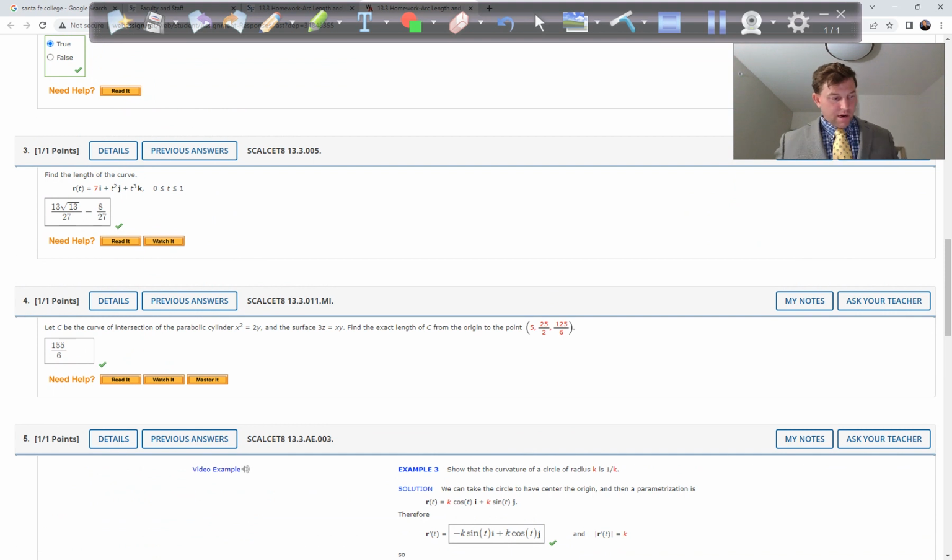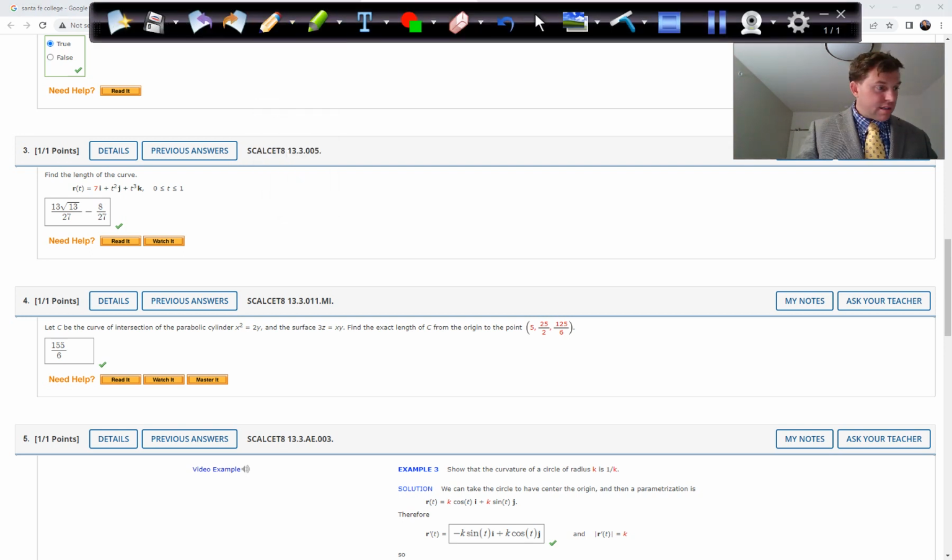Okay, so the first problem says find the length of the curve. And it gives us a vector function with parameter t, and it's in i, j, and k form. So what we need is the length equation. The length equation is the antiderivative from a to b, which will be in our case 0 and 1. So it's how does t vary?